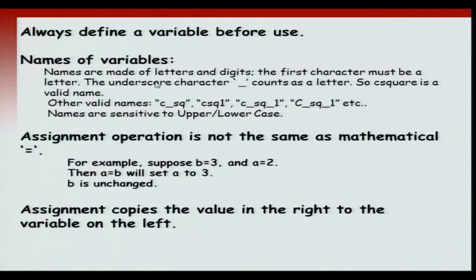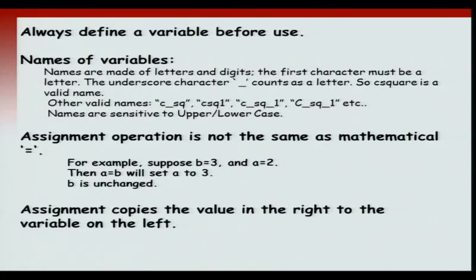Now a word about names of variables. In the C programming language, the names consist of numbers, letters, and an underline symbol, an underscore symbol. Okay. And there is a convention that a variable cannot start with a number. Okay. So the initial character has to be a letter or an underscore. It cannot be a number, but further characters can be either capital letters, small letters, numbers, or an underscore.